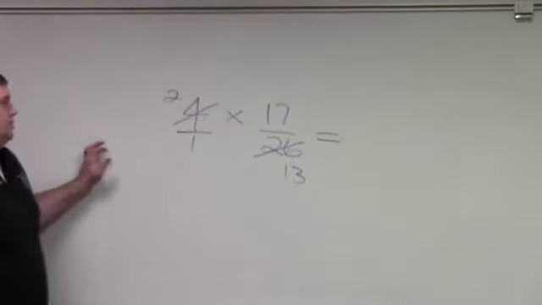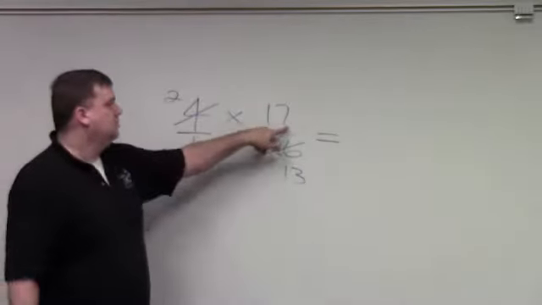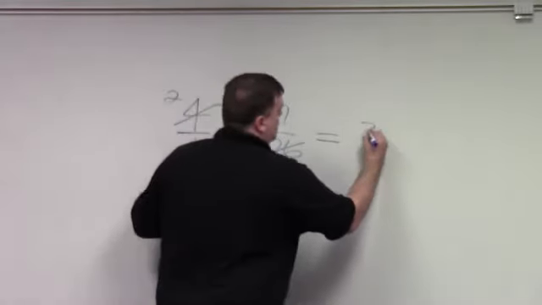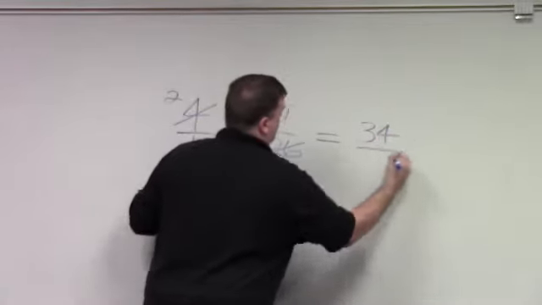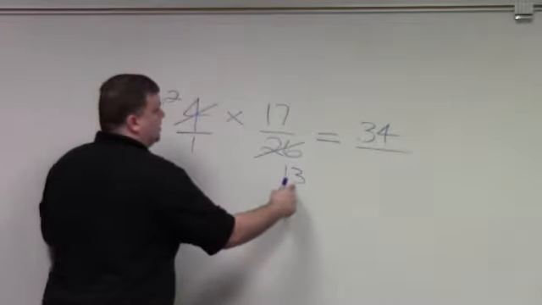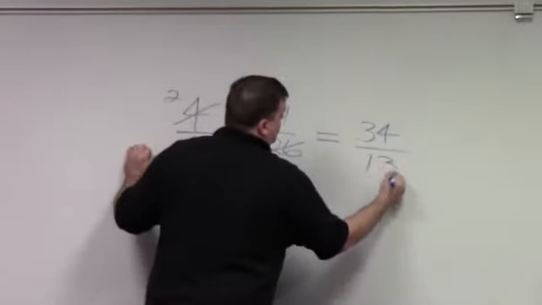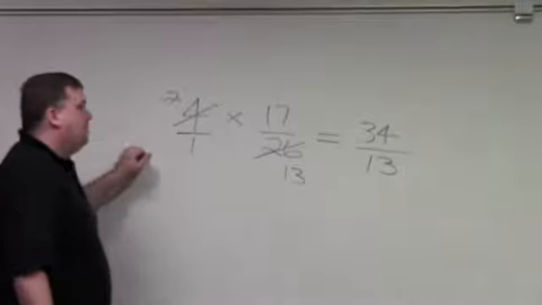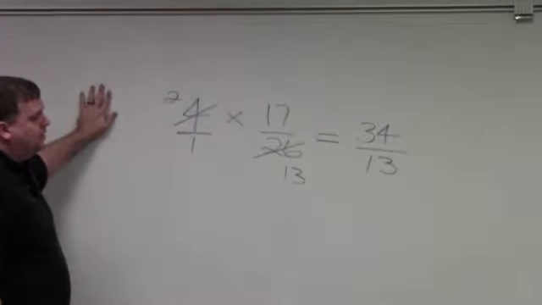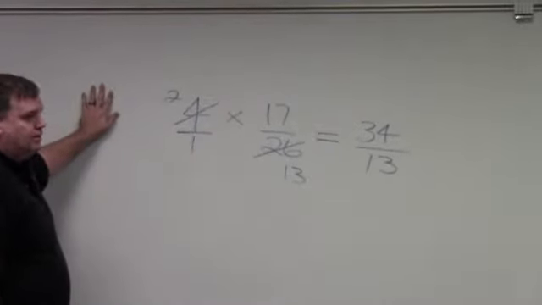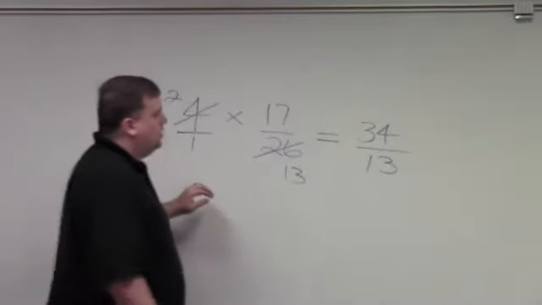And our number's a little bit smaller. 2 times 17? 34, correct. 1 times 13 on the bottom? 13. That's an improper fraction, so we need to change that into a mixed number. How many times can 13 go into 34? 2 times, right?